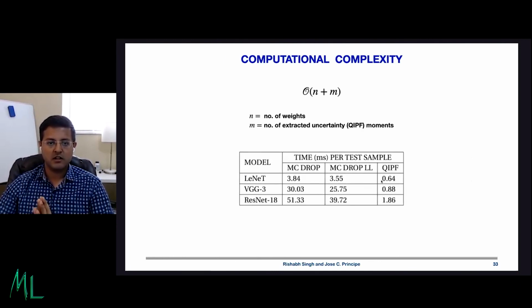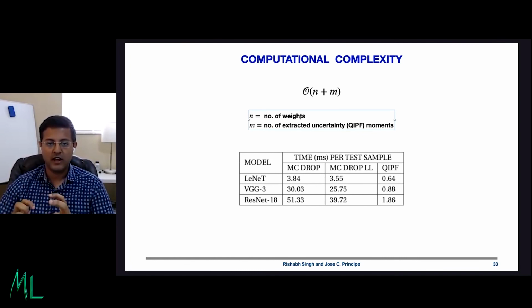Regarding the computational complexity, there are just two factors that contribute to the computational complexity of the QIPF. That is the number of weights for the computation of the IPF and the number of extracted uncertainty moments. Since we are doing average pooling, we do not use all of the weights of a neural network, which would otherwise be very computationally intensive.